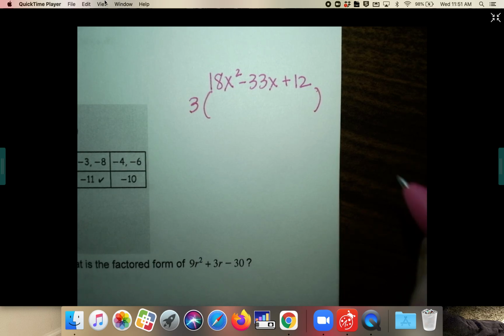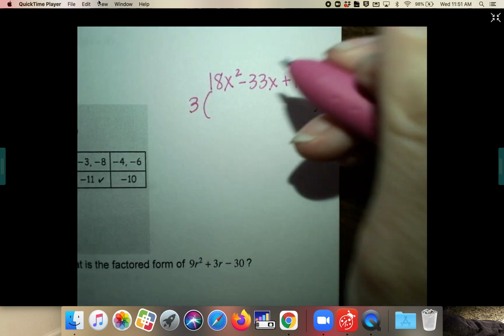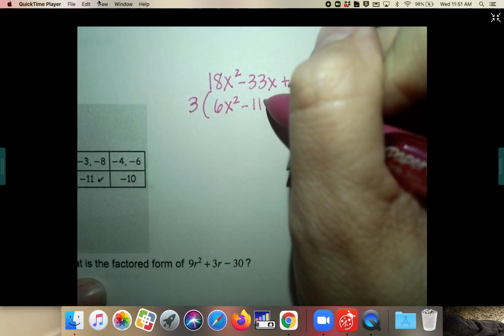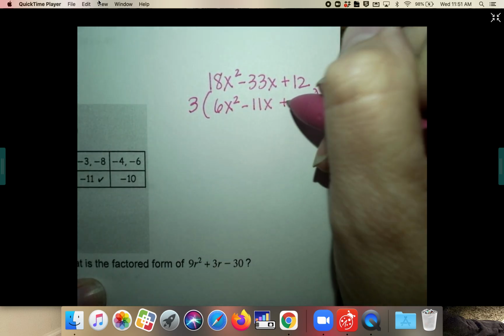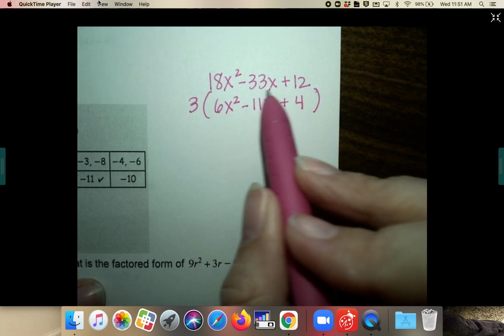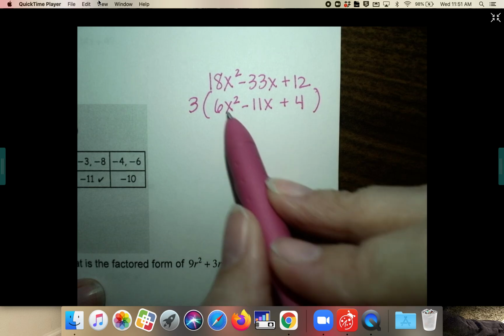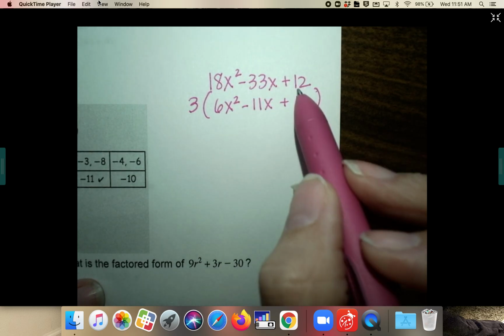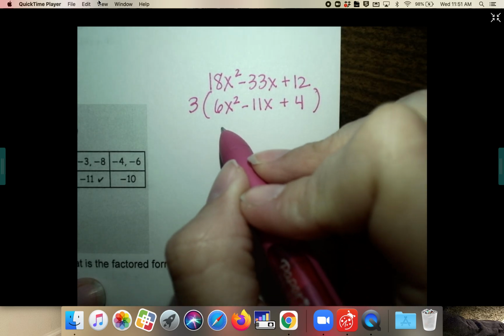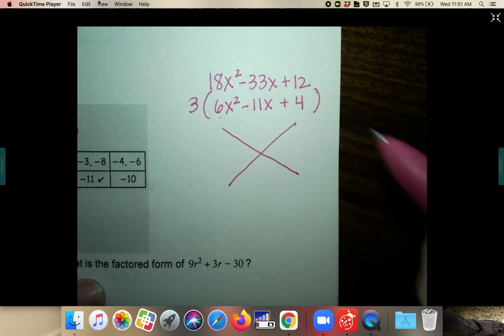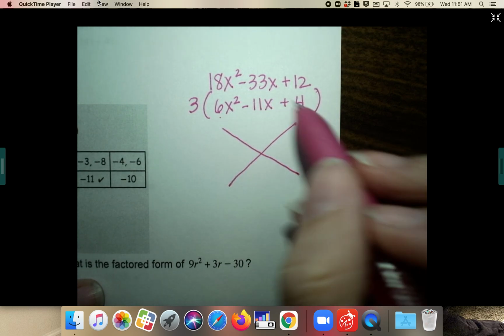What you're left with is 6x squared minus 11x plus 4, and this is going to be much easier to use the diamond method. It's going to be so much easier to come up with factors than these really big numbers. So let's use the diamond method with what we have now shortened it down to.